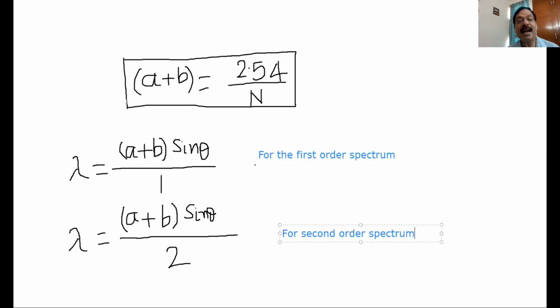Now, after measuring the wavelengths, we will calculate the percentage error, and it is very easy. To calculate the percentage error, we take the difference between the observed result and the standard value, divide it by the standard value and multiply by 100. It comes as the percentage error.